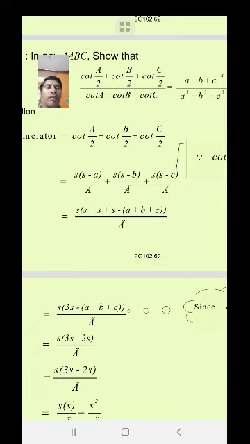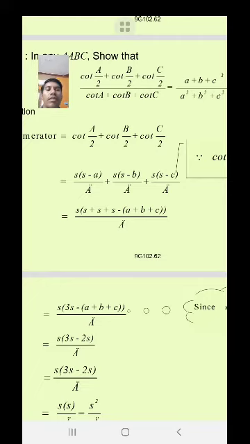In each term, S/Δ is common, so take S/Δ common. Then we have S/Δ of (S + S + S − (A + B + C)), and bracket close.